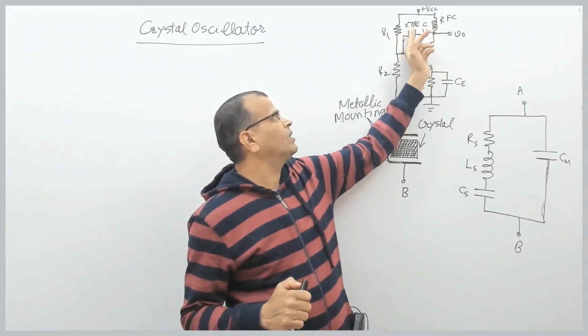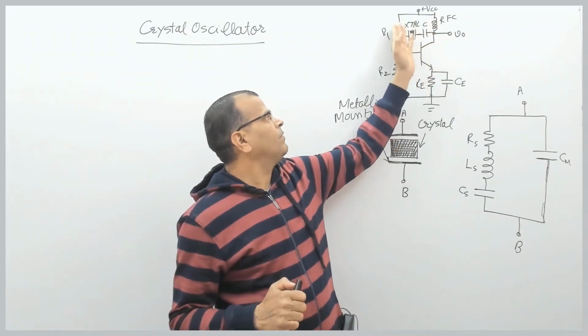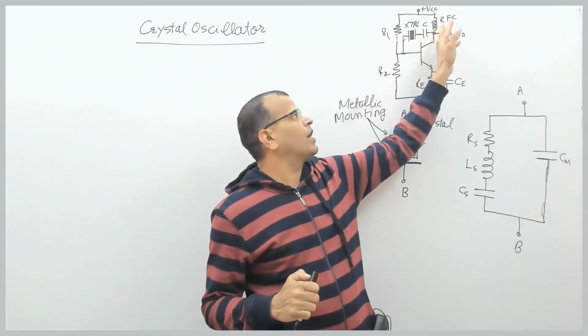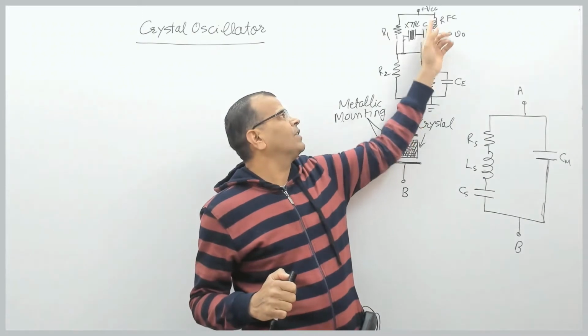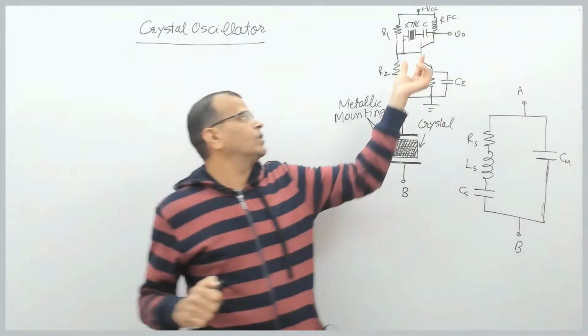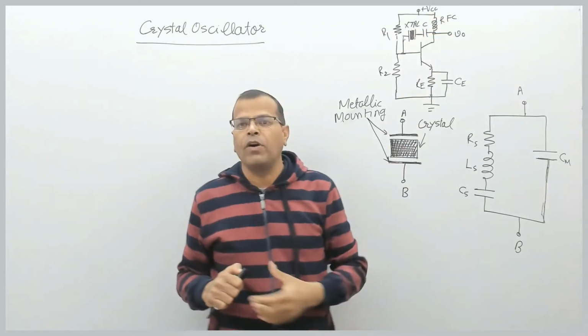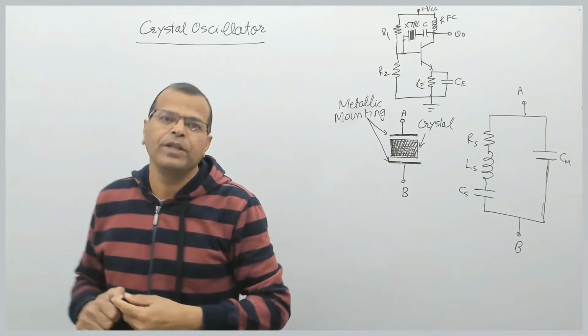We have a capacitor for coupling, and resistances R1 and R2 for biasing, and we have a radio frequency coil for isolation of this circuit from the biasing supply.